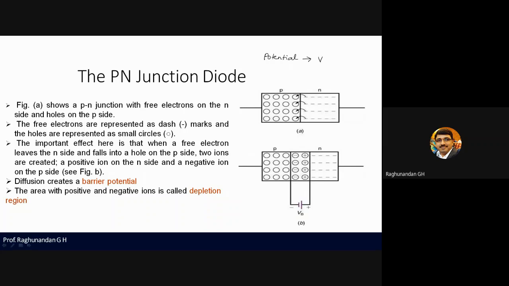Potential means voltage, right? What is voltage? It is the difference in concentration between two points, two ends. Between the p layer and the n layer, we have this junction which separates the p layer and the n layer.